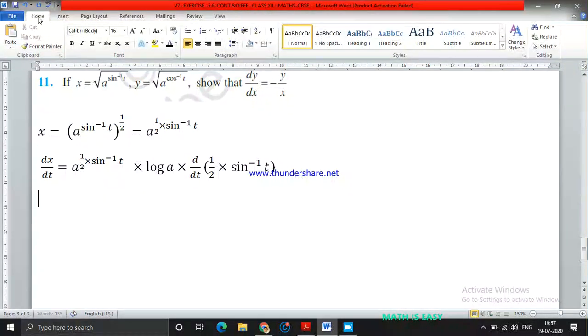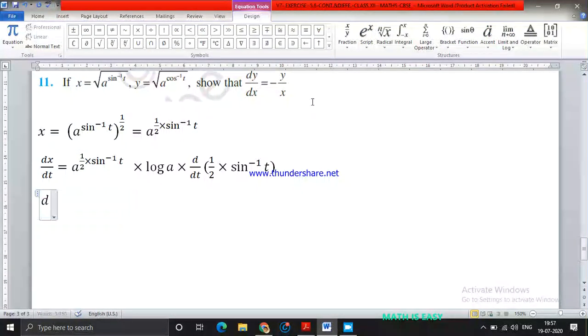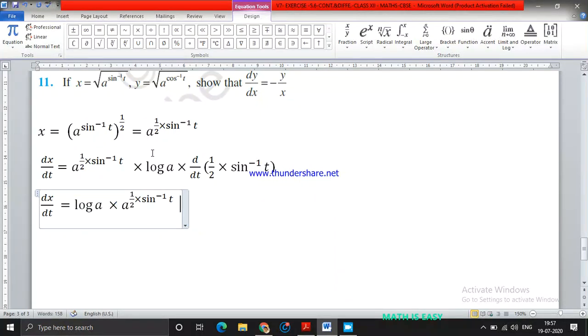If I differentiate again, I'll get dx by dt is equals to log a multiplied with this term, again multiplied with the derivative: 1 by 2 will come outside, into derivative of sine inverse t.